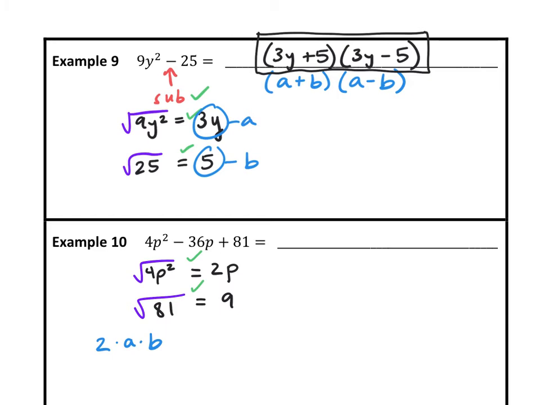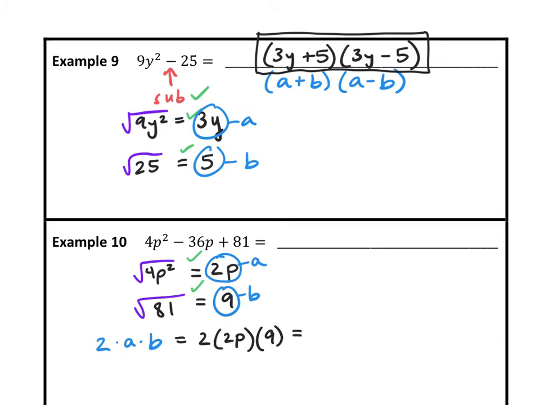Is it equal to 2 times a times b? Remember, this is my a, this is my b. So I want to check 2 times a times b, but a is 2p and b is 9.